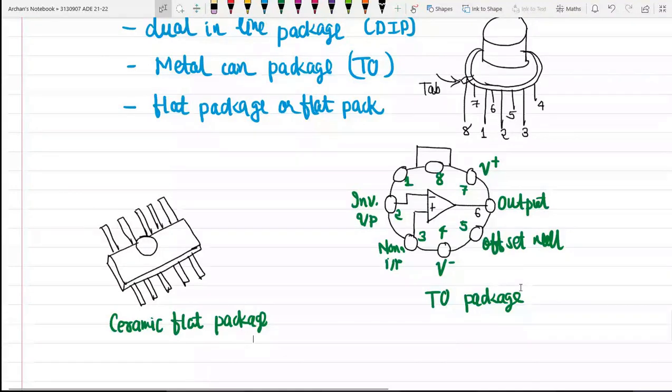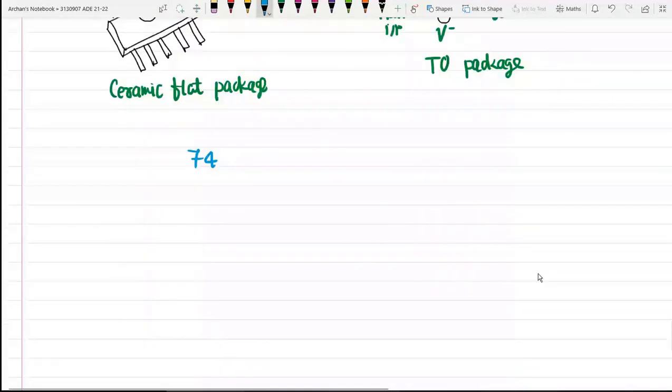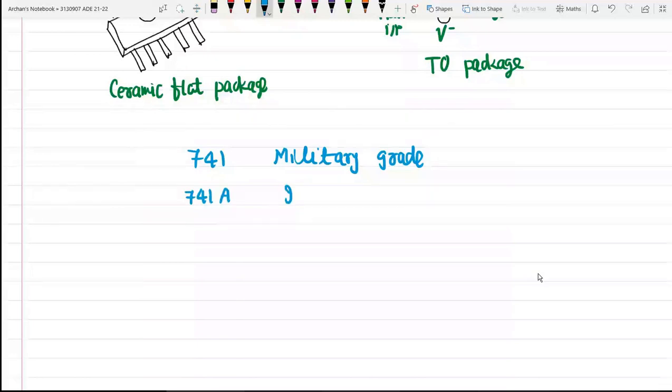There are different classes of op-amp IC, like military grade and improved versions. Let us try to see these versions. When we have a 741, it is military grade. Then there comes 741A, which is the improved version of IC 741.